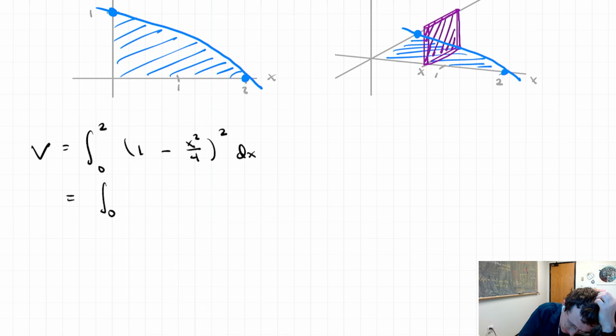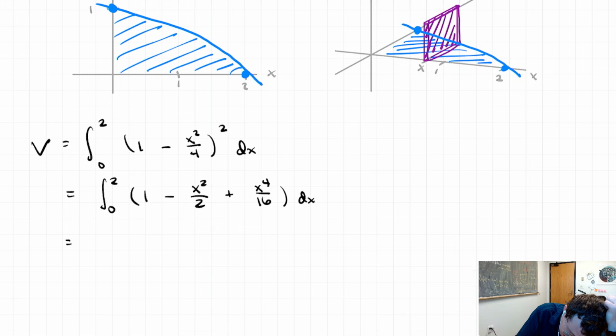And this is not too bad of an integral. When I square this out, I'm going to get 1 minus x squared over 2 plus x to the 4th over 16. So I'll find an antiderivative, which is x minus x cubed over 6 plus x to the 5th over 80.